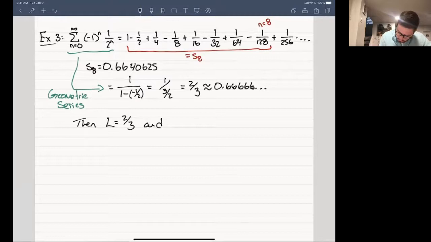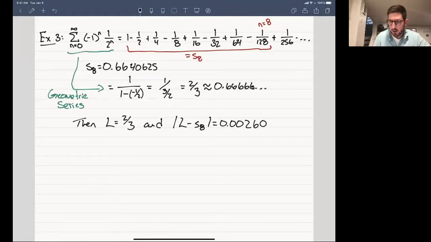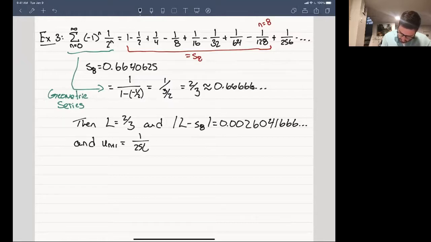And the difference, L minus S8, is equal to about 0.00260. So I'm going to give a lot of decimal places just so we can see what's going on. So 2 times 10 to the minus 3, right? That's really what we should see here. And un plus 1 is equal to 1 over 256, right?